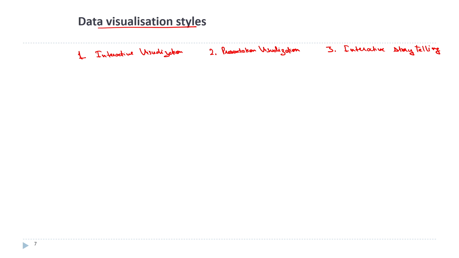When I say the word interactive, it means there is an interaction between the audience and the person who is going to present the data or the website that you are trying to present. So, it has to have the user input as well.